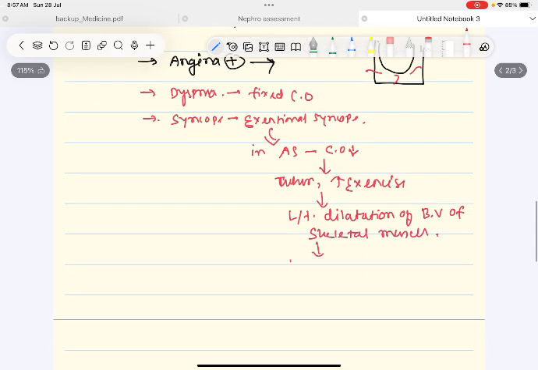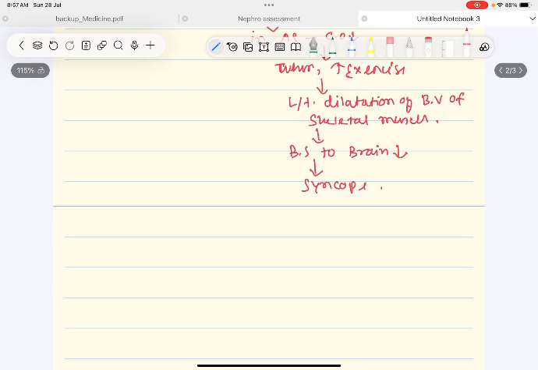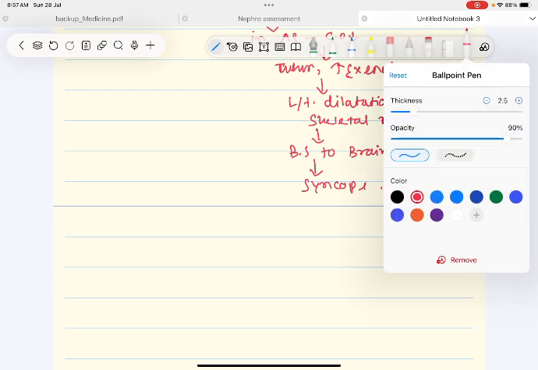As a result, blood supply to the brain decreases, leading to syncope. These are all symptoms of aortic stenosis.